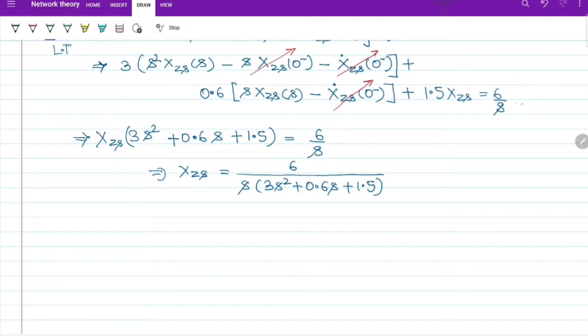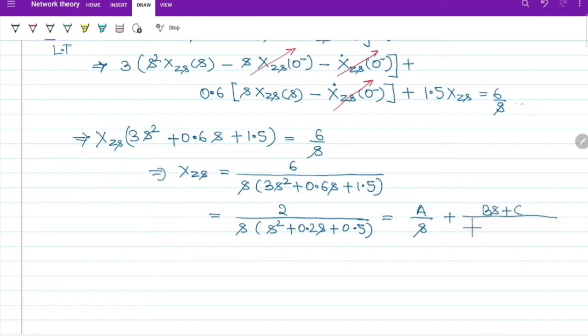Okay, we can write this equation as 2 divided by s, s square plus 0.2s plus 0.5, and this can be written as a by s plus bs plus c divided by s square plus 0.2s plus 0.5.